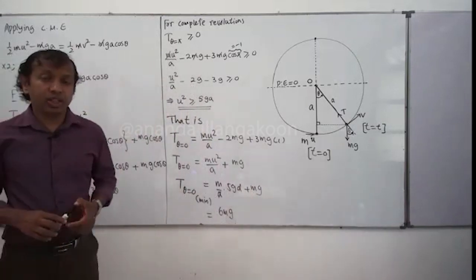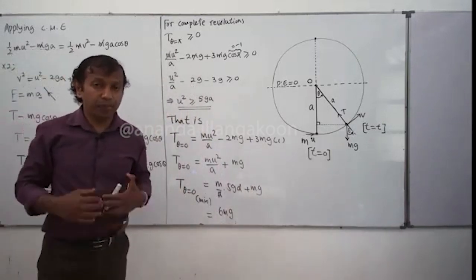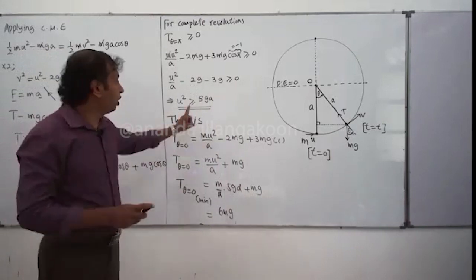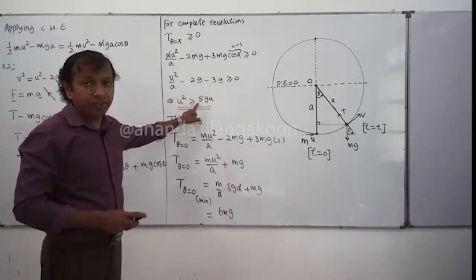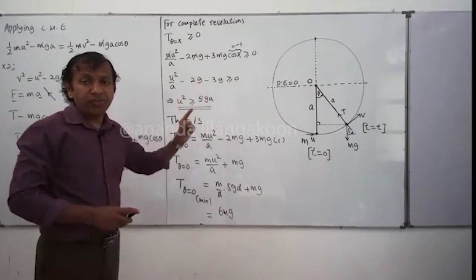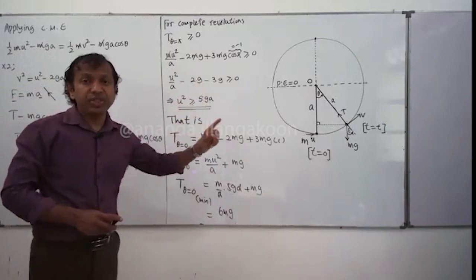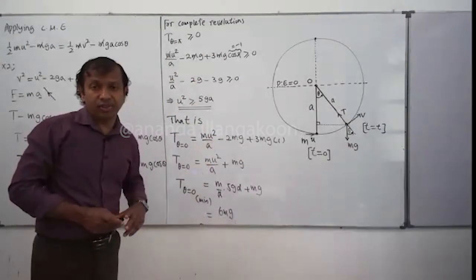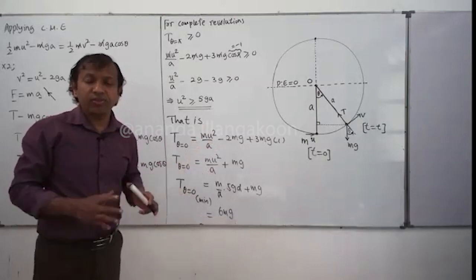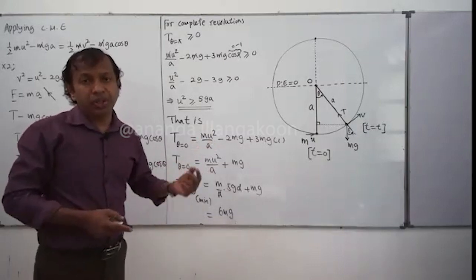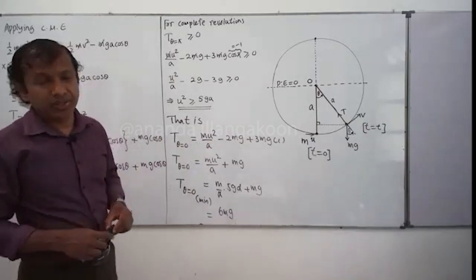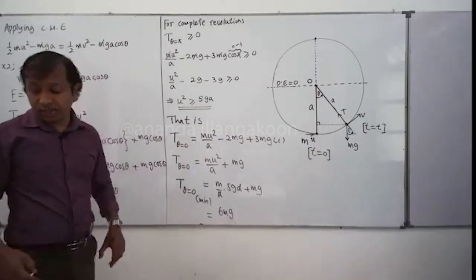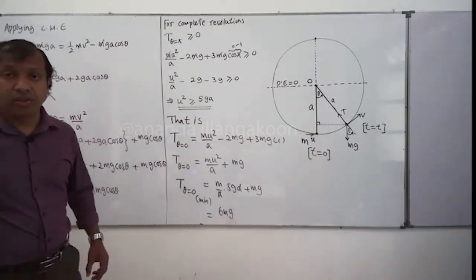Therefore, whenever we project the particle, we keep our U squared 5GA or more. When we keep our U squared as 5GA, this is the tension that occurs in the string at the beginning. If the string can't bear at least this, when we try to project the particle, the string will break. So therefore, at least 6MG, it should be able to bear.